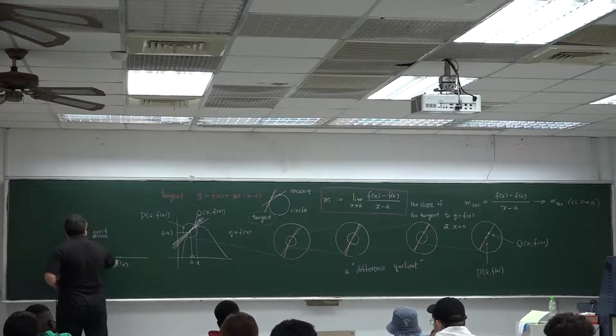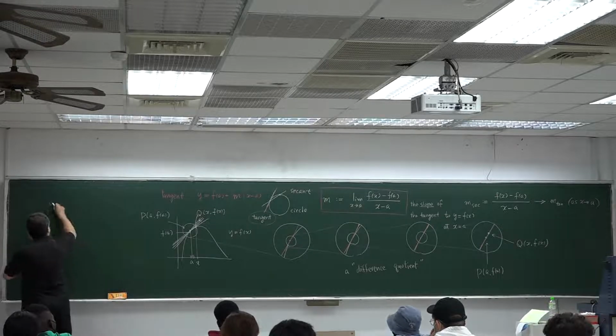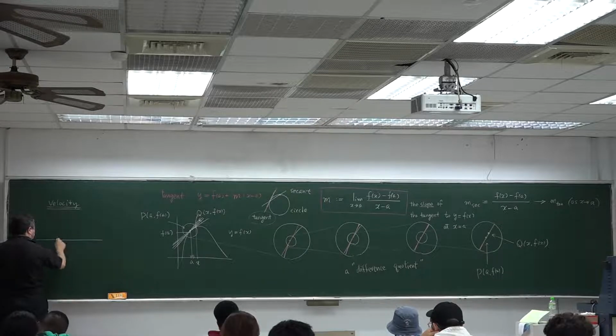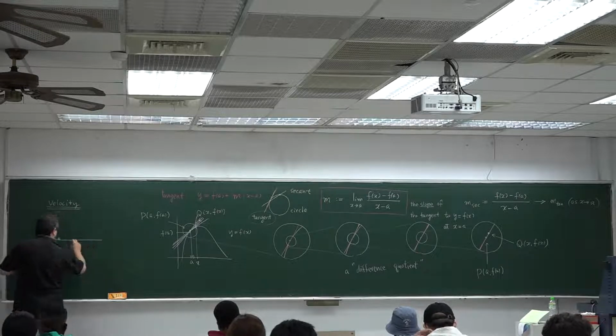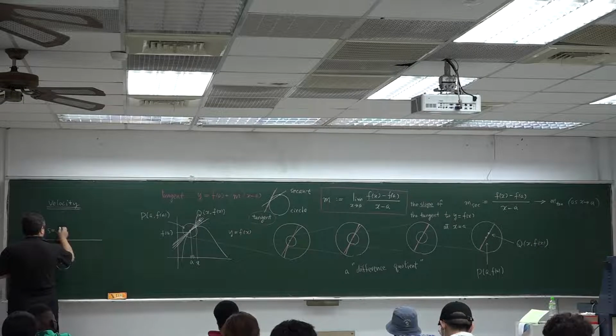Suppose now there is a particle or an object moving along a straight line, for example, at time t whose position is f of t.